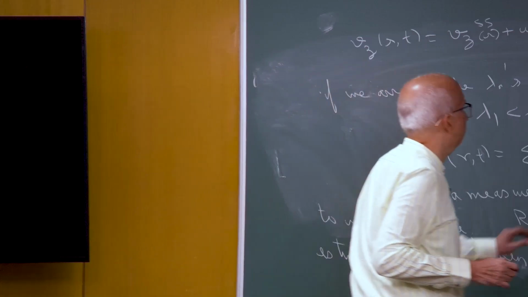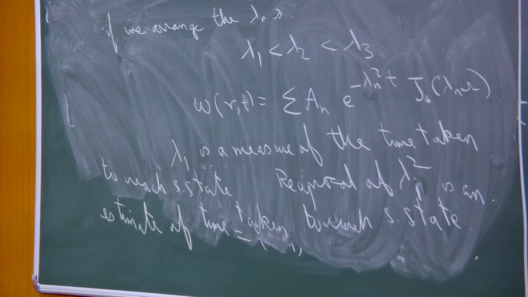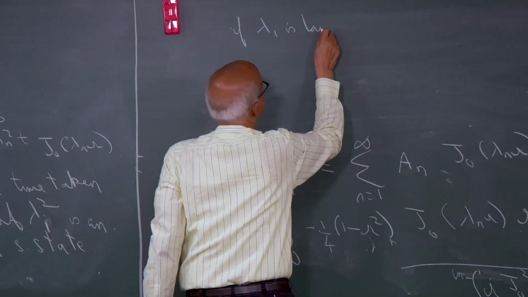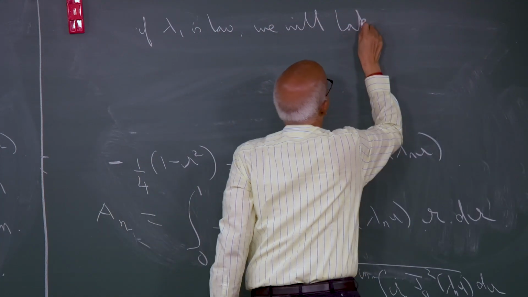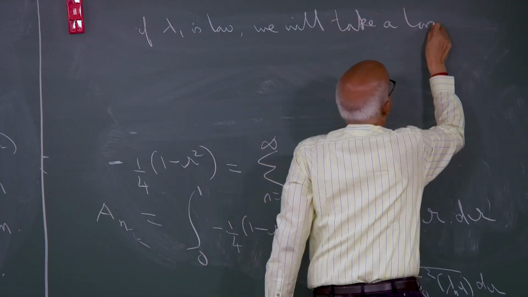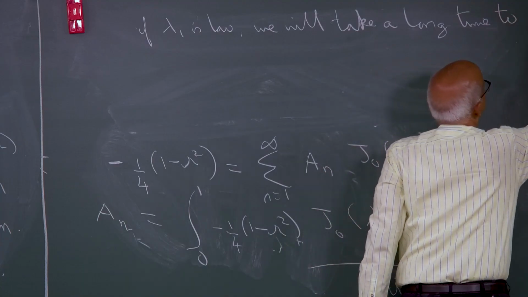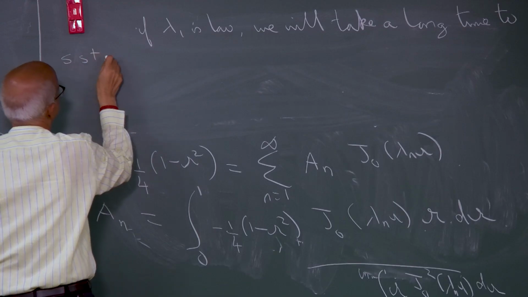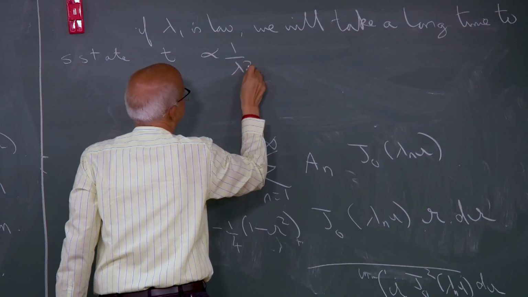So, if lambda 1 is low, we will take a long time to reach steady state because this time is proportional to 1 by lambda 1 squared.